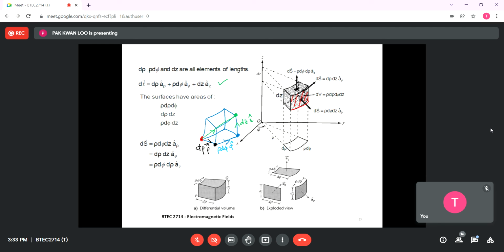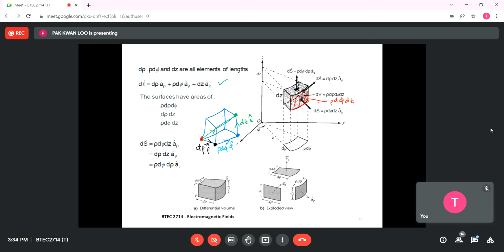So this is one of the lengths of the surface, rho d phi, multiplied with dz, right? So the differential area for this surface is rho d phi multiplied with dz.